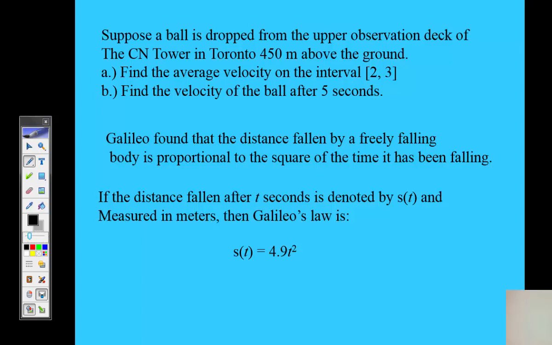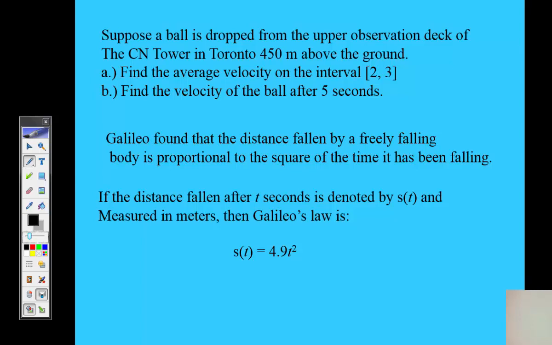Now if we plug t equals 1, the object would have fallen 4.9 meters in that first second. If we plugged in 2, we would have 4.9 times 2 squared, or times 4. So that would be something like 19.6, it looks like. So that's how far it has fallen in 2 seconds.